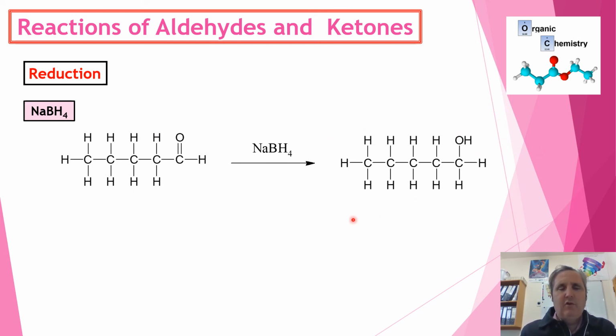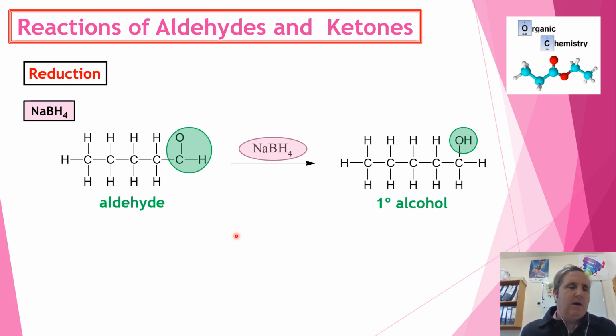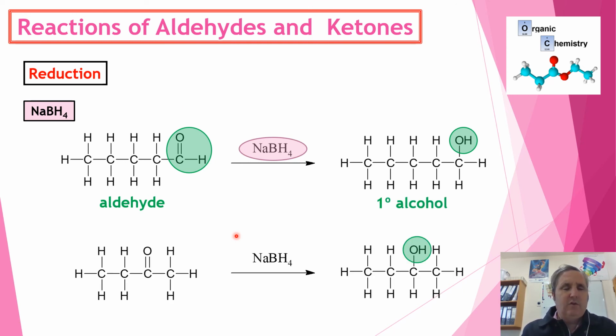It reduces the amount of carbon-oxygen bonds. So this has turned an aldehyde back to a primary alcohol. If I add the same reducing agent to a ketone, it will turn a ketone back to a secondary alcohol. And those are the two types of reactions that aldehydes and ketones undergo.